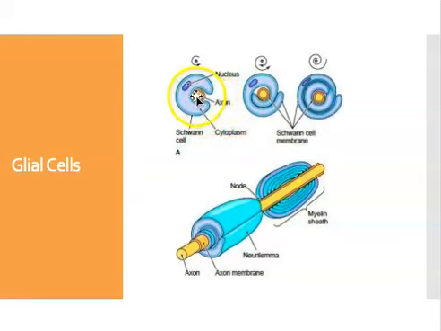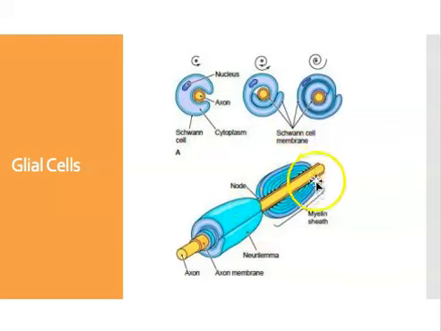So the Schwann cell surrounds the axon physically, sort of hugs the axon. And as you can see from here to here to here, it wraps itself around not just once, but so that the axon is completely surrounded. And then the cell starts to secrete layer upon layer upon layer of myelin. So when you look down here at the bottom of the slide, this is one of those cotton balls of myelin that gets laid down on top of an axon.